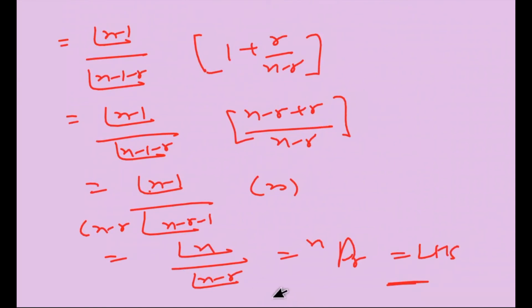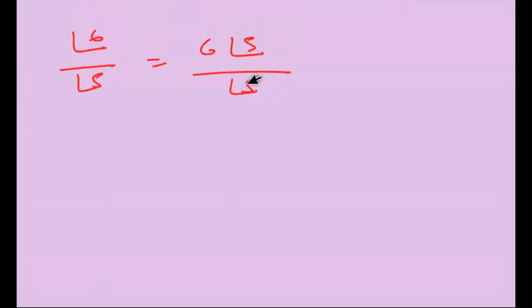Okay student, now you can write factorial 6 upon factorial 5. How can you write it? 6 into factorial 5, upon factorial 5. Don't write 6, 5, 4, 3, 2, 1 and 5, 4, 3, 2, 1 and then cancel out. Using this you can solve the equations.